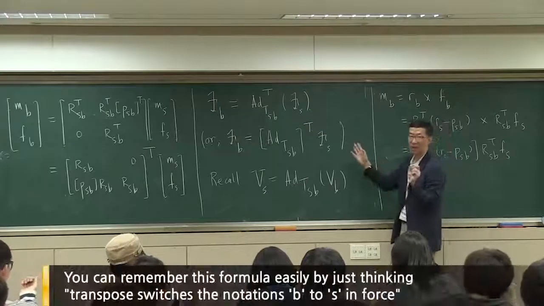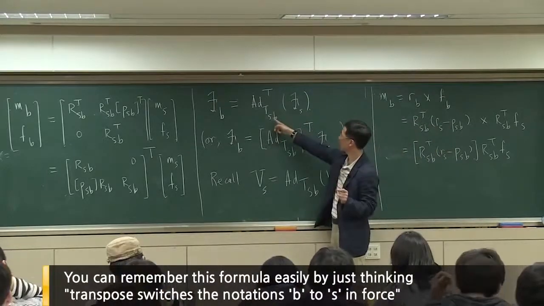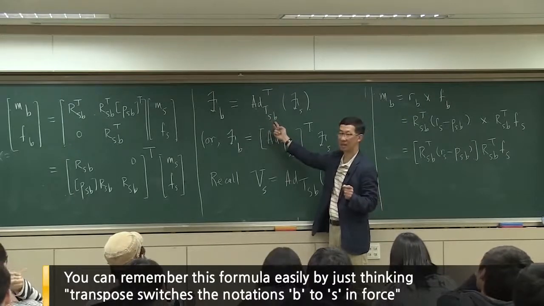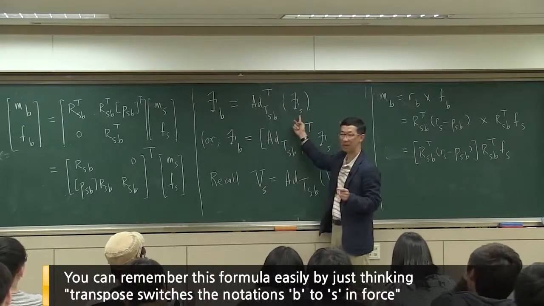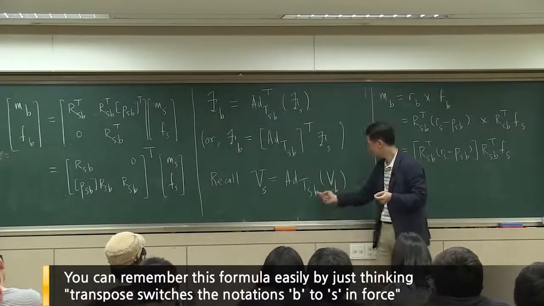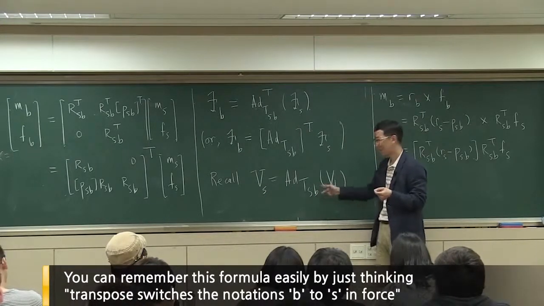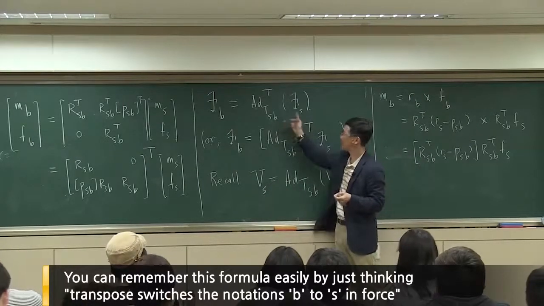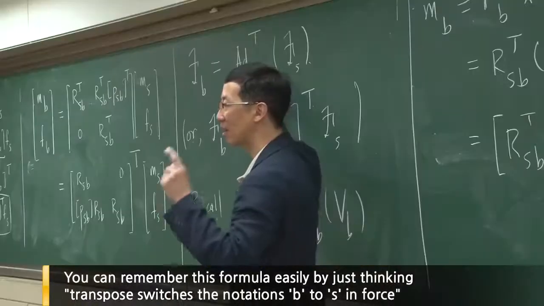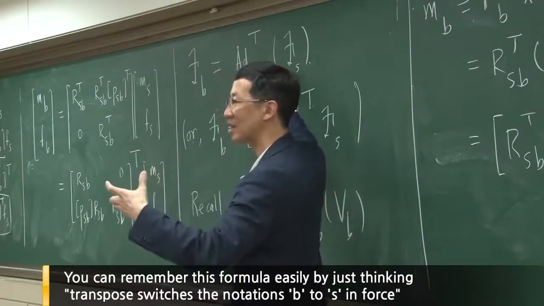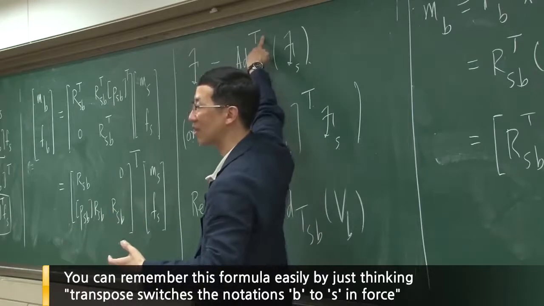Now, you might be a little bit thrown off by the fact that, wait a minute, this is SB. We have an S here, right? So the way I remembered these formulas is, if the two B's are next to each other, they cancel, leaving me with an S. That's why I have V_S, right? So this might throw you off here. So the way to rationalize this in your mind is, there's a transpose.